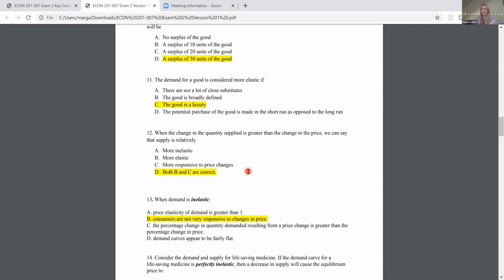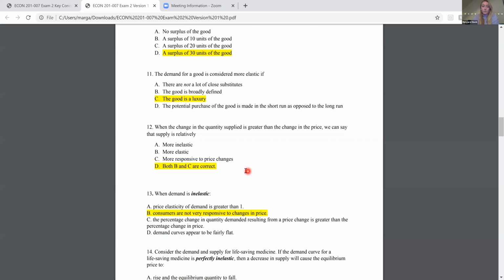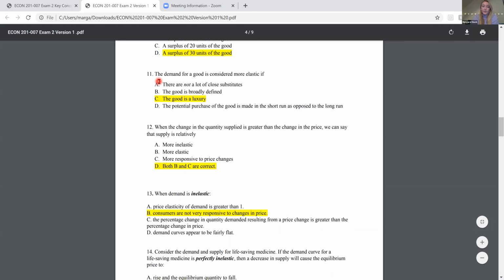Okay, so that was basically all of the stuff dealing with the end of chapter 3. Now we'll move into the chapter 5 stuff, which is dealing with the concept of elasticity. Number 11, the demand for a good is considered more elastic if the good is a luxury.